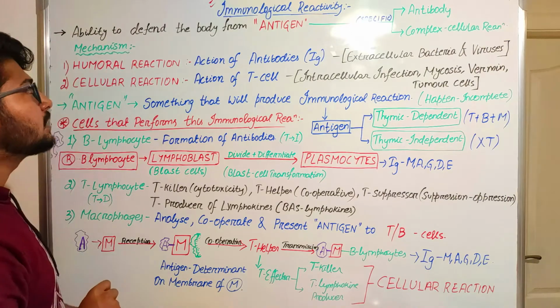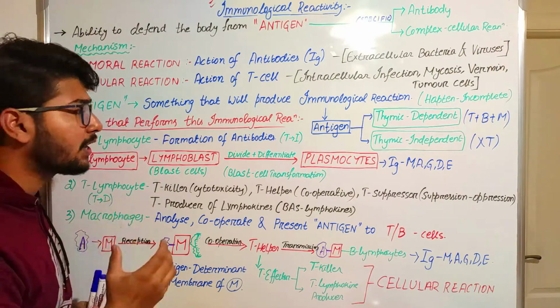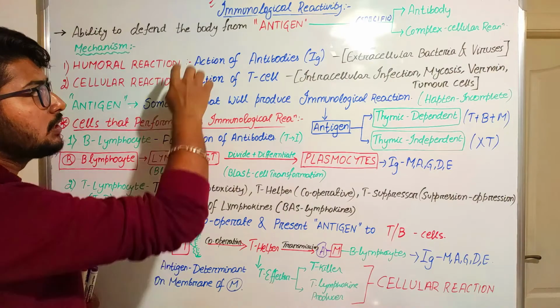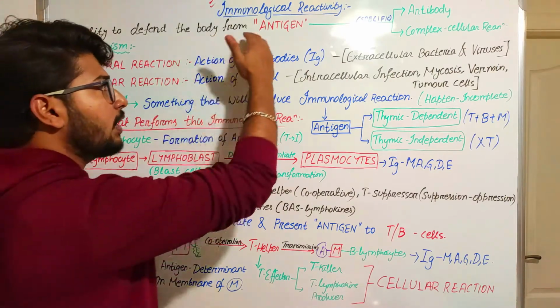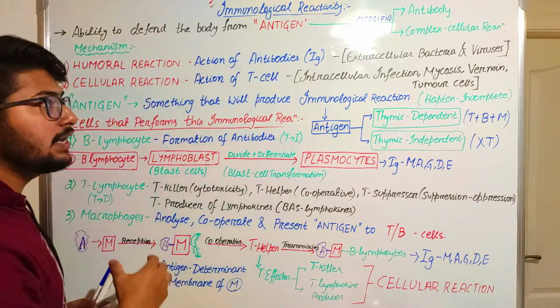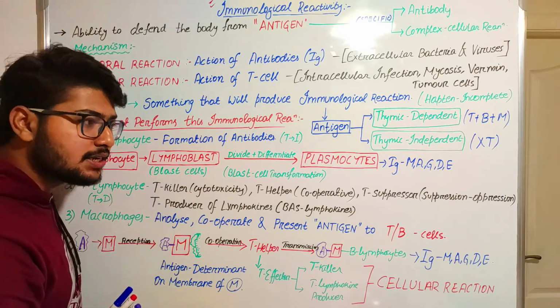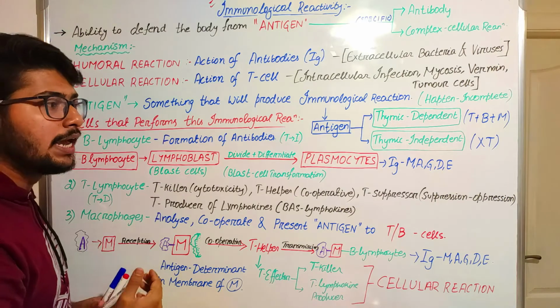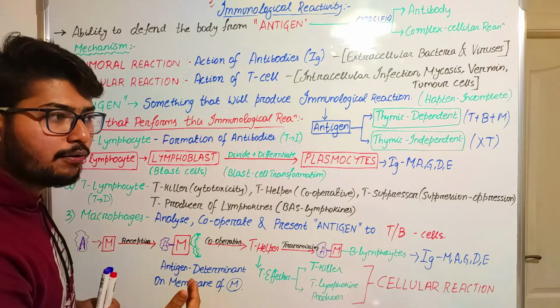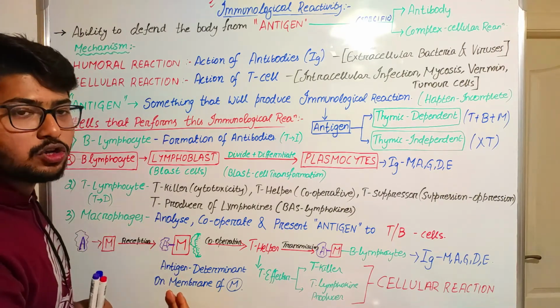It means the ability of an organism to defend the body itself from the antigen, and that is a specific reactivity. As I have already discussed the types of reactivity, it can be innate, acquired, specific, non-specific.